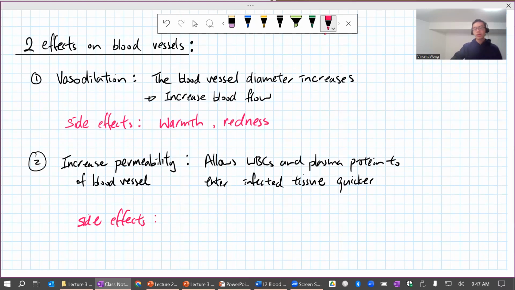Now, what do you think the side effects of that are going to be? If you have all these things leaking out, what's it going to do to your tissue? It's something that we learned earlier. Swelling. That's right. So swelling. And with all the swelling, you're going to experience a little bit of what? Pain. Pain, that's right. All this extra fluid is pressing on your nerve endings and it's hurting.